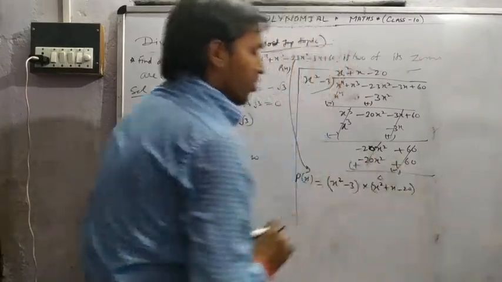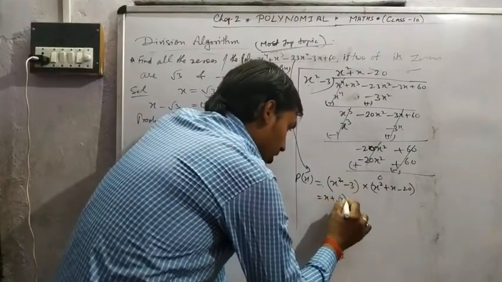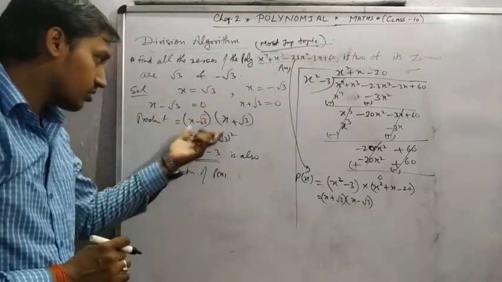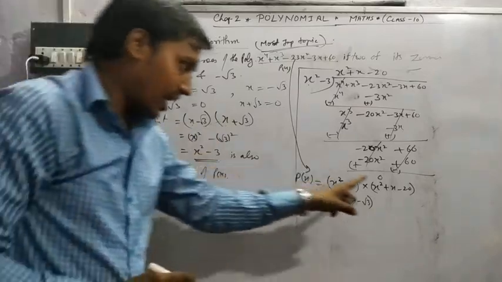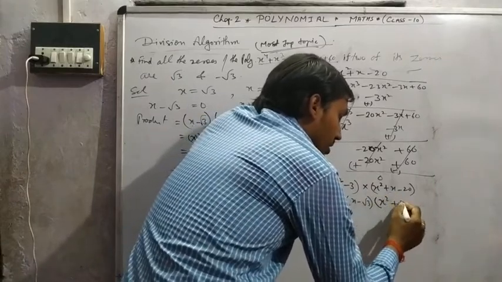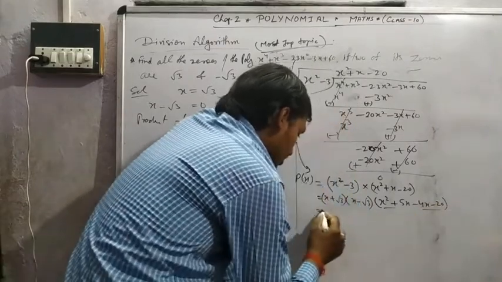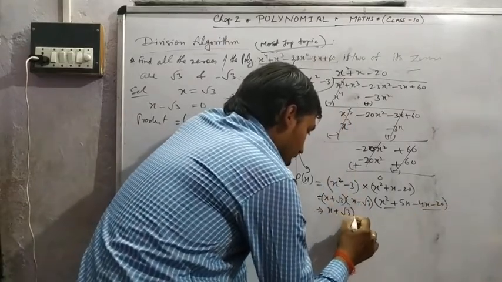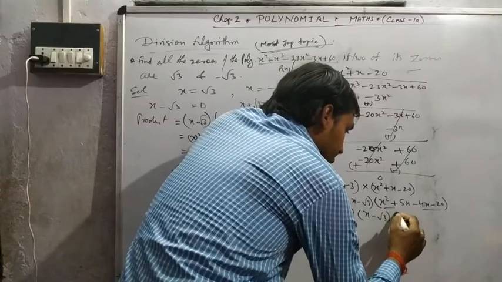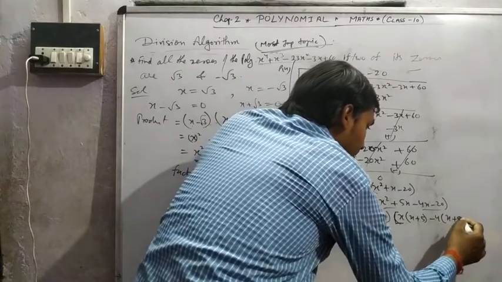This is already in factorized form: x plus root 3, x minus root 3. From here, factorize this: x square plus 5x minus 4x. Here x is common, x plus 5 minus 4 common, x plus 5.